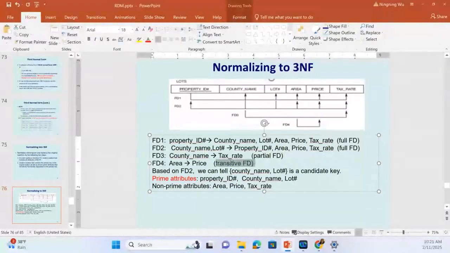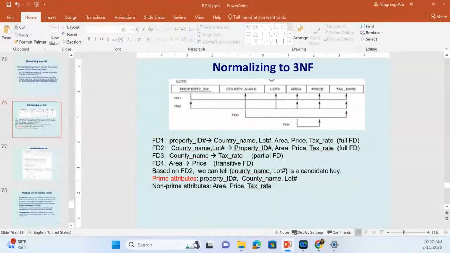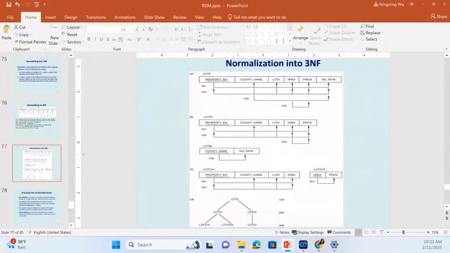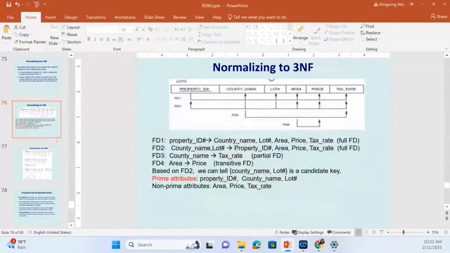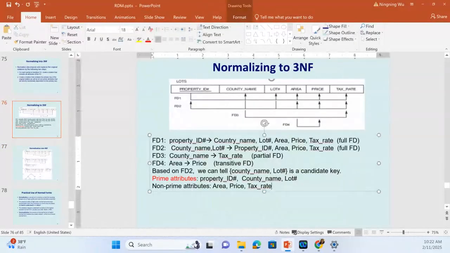Here we have only one partial and one transitive. That means we're going to create one relation based on FD4. So this is how it shows, and we're going to use that normalization process.